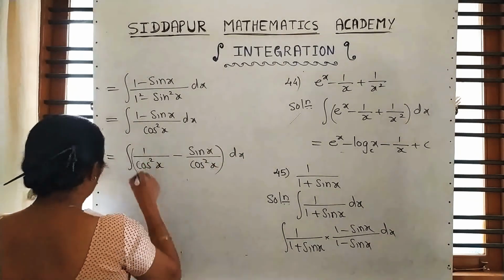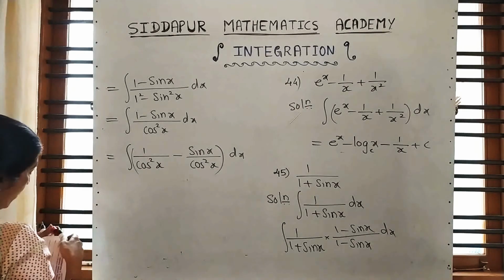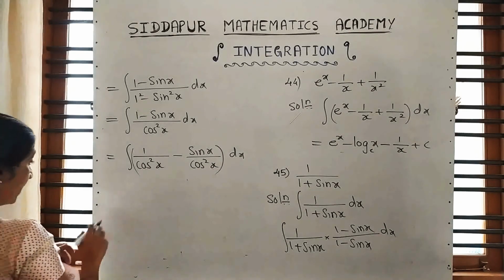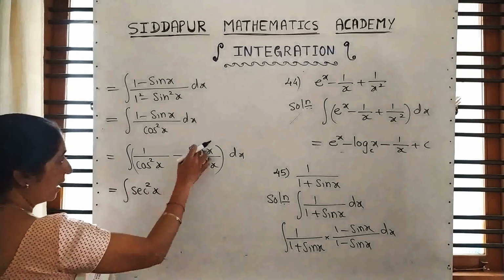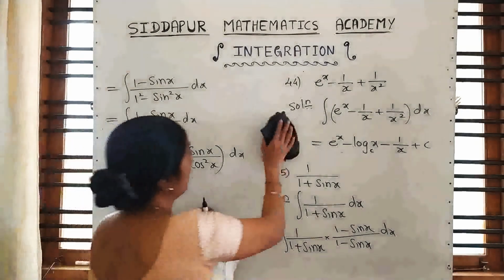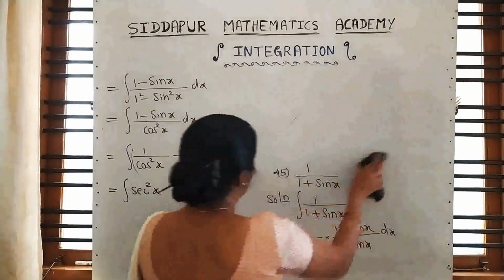And are you familiar with basic trigonometric formulas? What is the 1 by cos square x? 1 by cos square x will be written as secant square x. And have you remembered how to convert sin x upon cos square? Sin x upon cos square will be tan x into sec x.